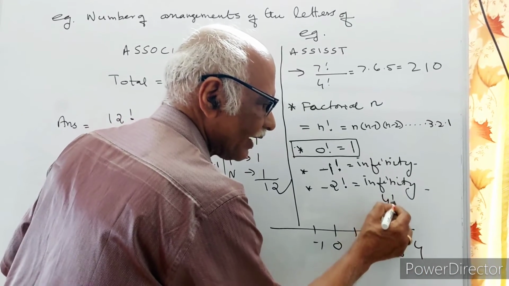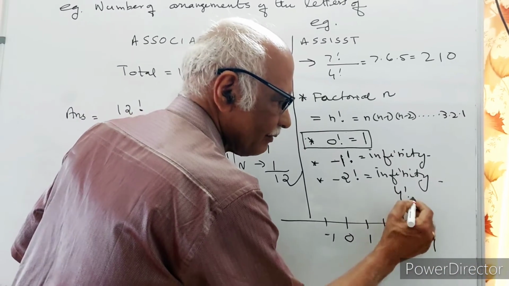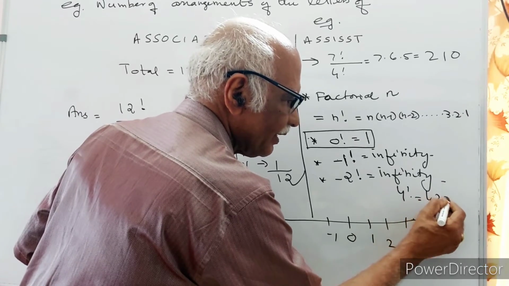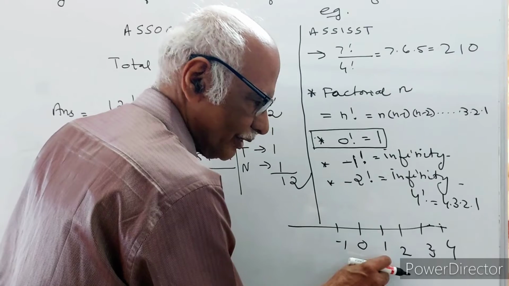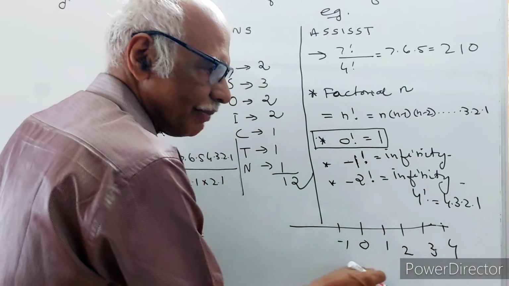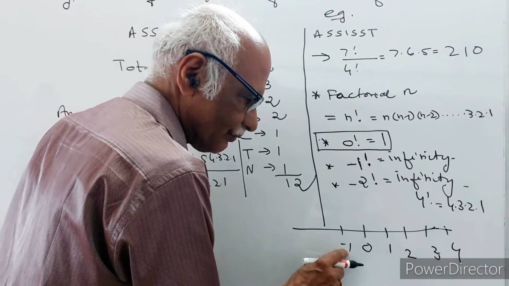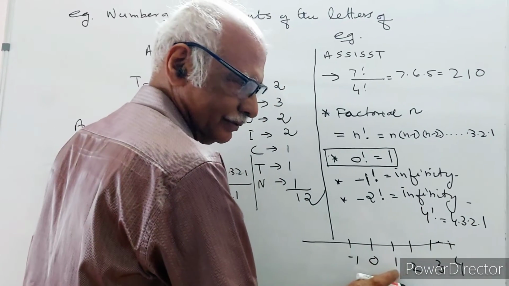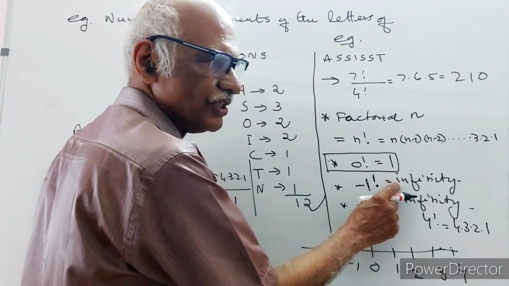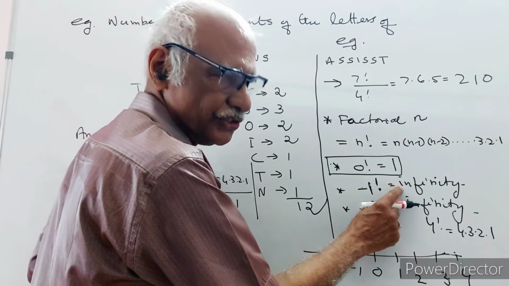Now 4 factorial means 4 into 3 into 2 into 1. So you need only move backward. So movement is always backward. So from minus 1, you have to move back and come to this 1. So the number is infinitely large. So it is infinity.